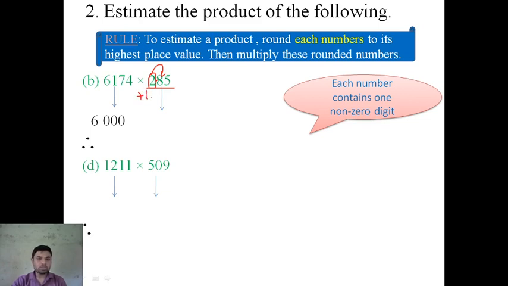So this 2 will be 3. And how many digits just after the rounding digit? After 2, there are 2 digits. That means 300.